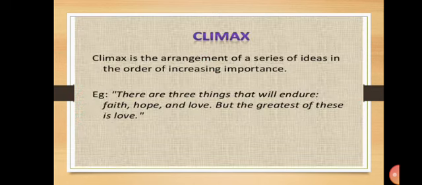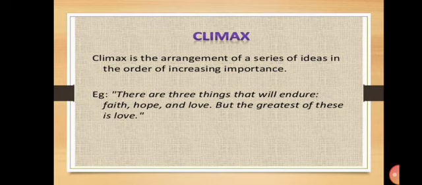Climax. Climax is when we arrange a series of ideas in order of increasing importance. For example, there are three things that will endure: faith, hope, and love. So here we have started with the increasing order. Faith, then hope, and love.